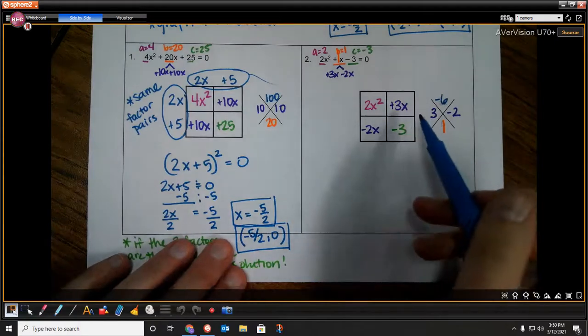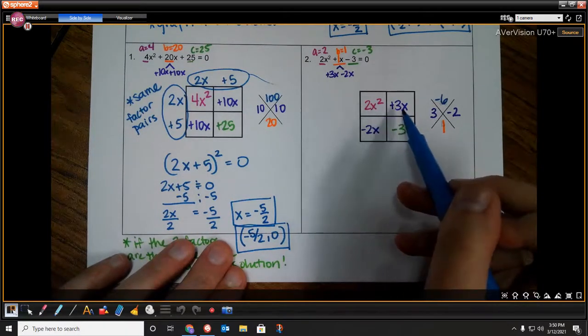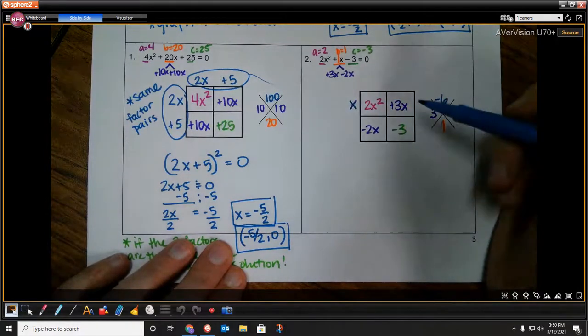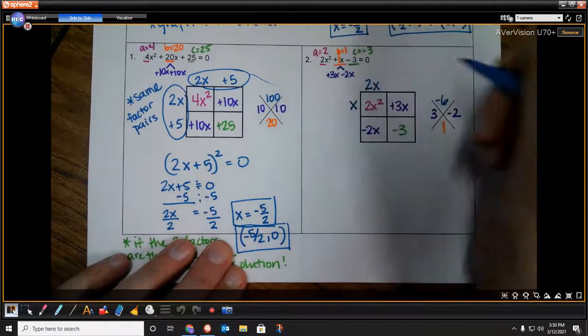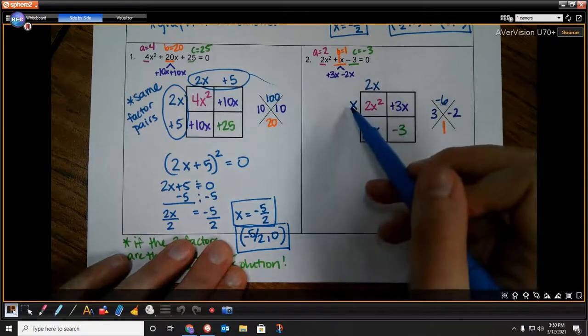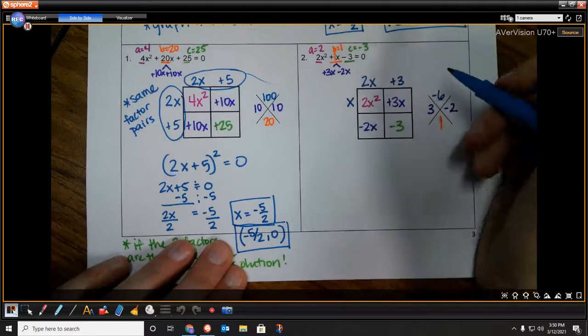And now we can go ahead and factor out. If I factor out horizontally first, 2x squared and 3x, the only factor they are both divisible by is x. 2x squared and 2x, they're both divisible by x, and they're also both divisible by 2. 2x times x is 2x squared. Then x times what will give me 3. That would be a positive 3.